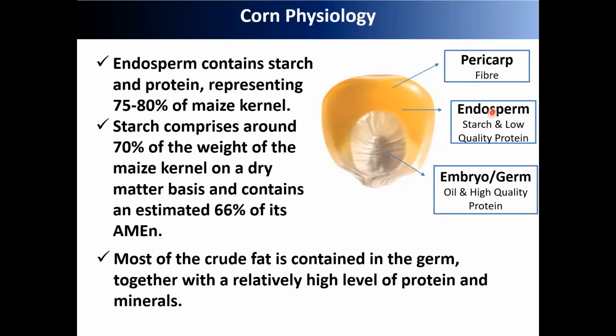Most of the crude fat is contained in the germ, together with a relatively high level of protein and minerals. The carbohydrate, fat, and protein components all contribute to the overall energy value of corn, and any variations in these nutritional components will alter the energy value in the same way.